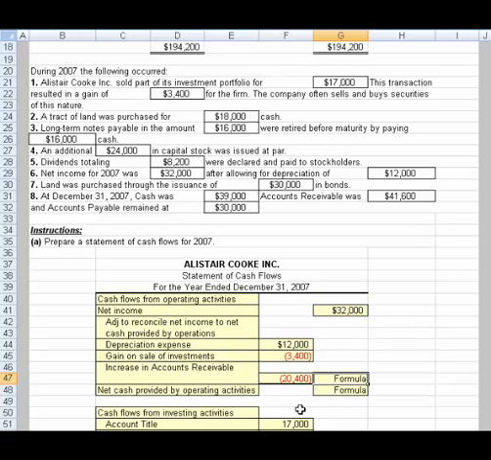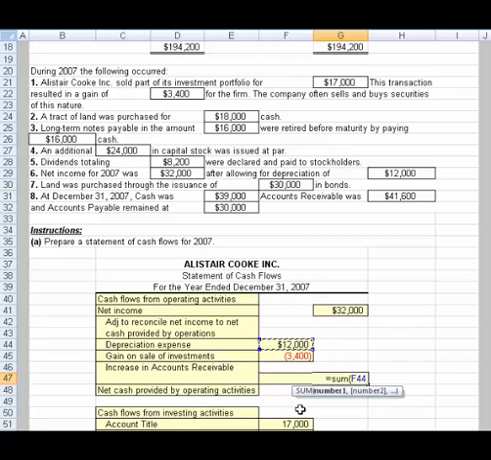And really, now that we've covered the non-cash items on the income statement and all the non-cash items in working capital, we've accounted for all the items that need to go in our schedule of adjustments to reconcile net income to net cash.